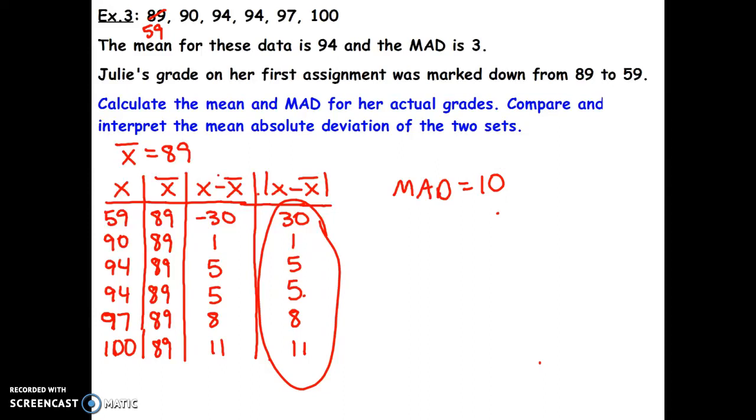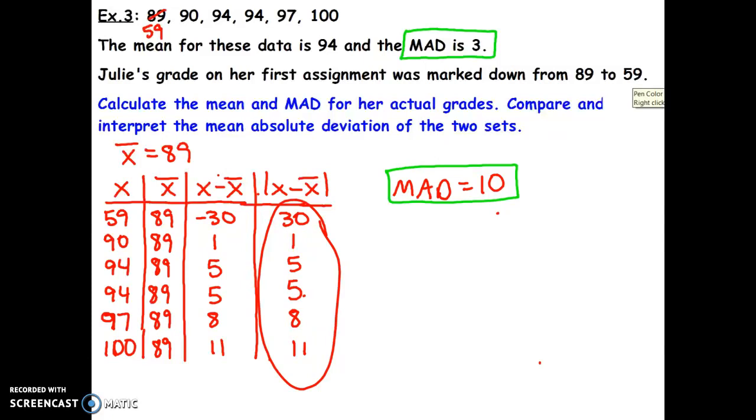Okay, so now we need to talk about comparing. So we see that the MAD for the first set of data is 3, and the MAD for the second set of data is 10. Okay?